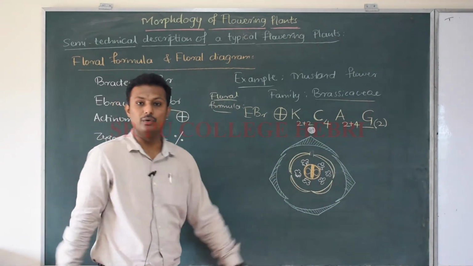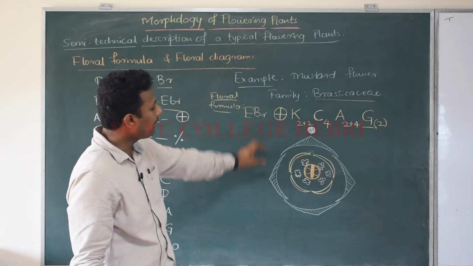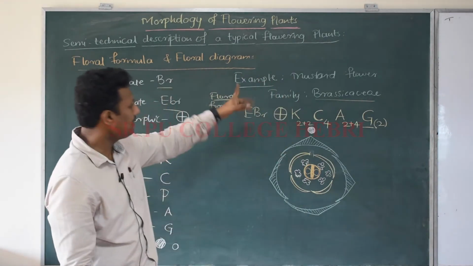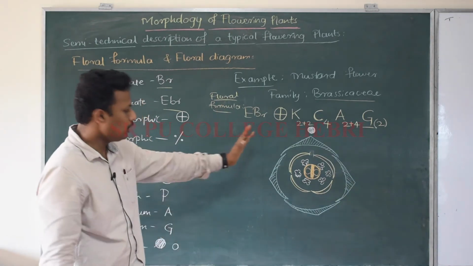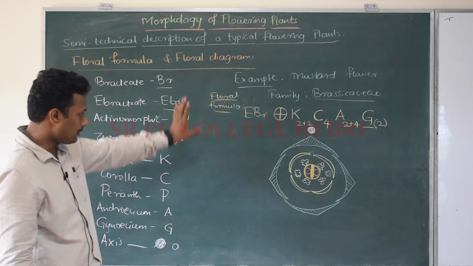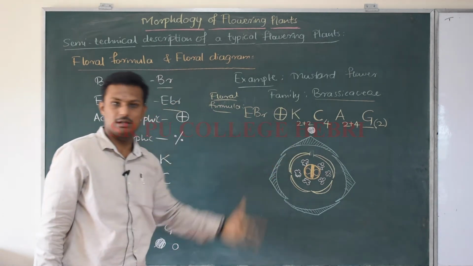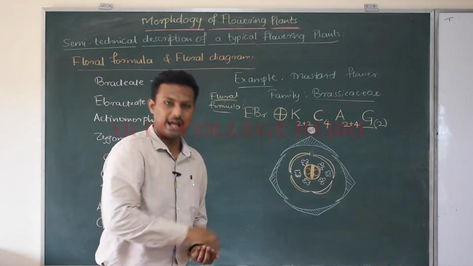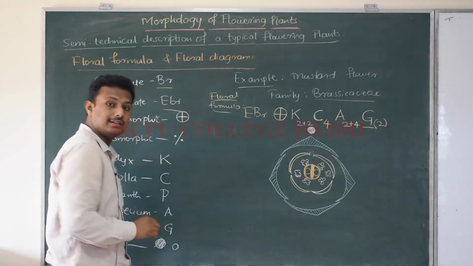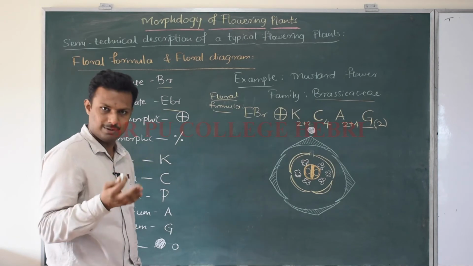Okay, so this is how we can write the floral diagram and floral formula for this particular plant, that mustard flower. I hope you can see all the characteristics in this example. One more characteristic that we need to consider here is monosexuality, unisexuality or bisexuality.